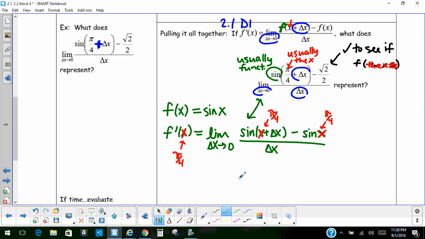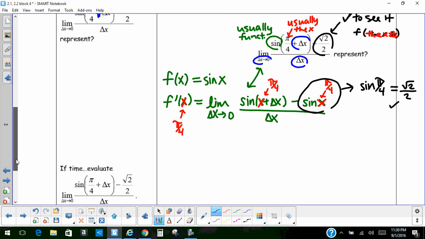But what if we tried that? Okay, well, so then I have to check and see if this last part is coming out to be right. What is sine of pi over 4? Sine of pi over 4 is square root of 2 over 2. Yes, that is the number that I'm seeing up here. So this actually is matching up.